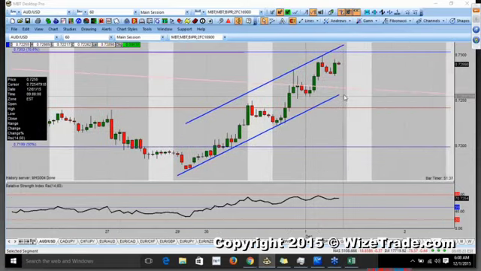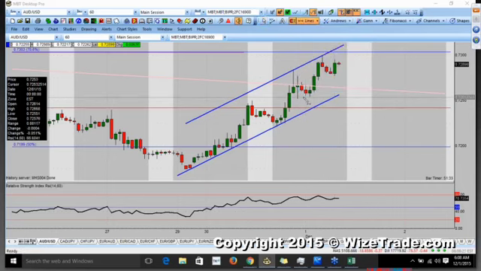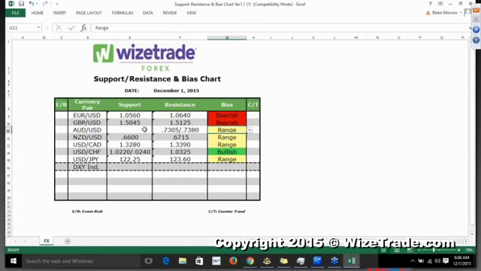So any dip down to 72.50 is going to find some buyers. Okay? And if you want to buy the Aussie, I think that's the better place to do it rather than buying it right here. You want to buy a dip down to 72.50 and then go on the long side. Okay?